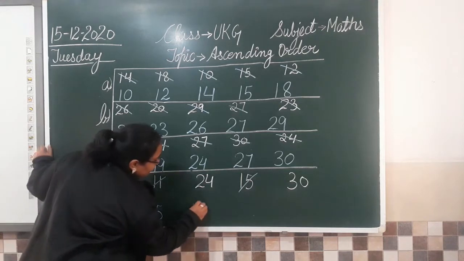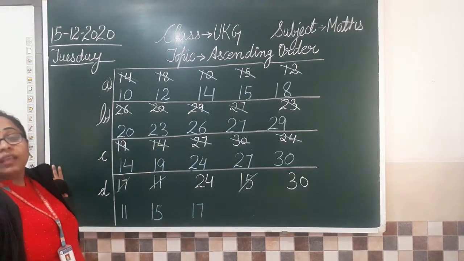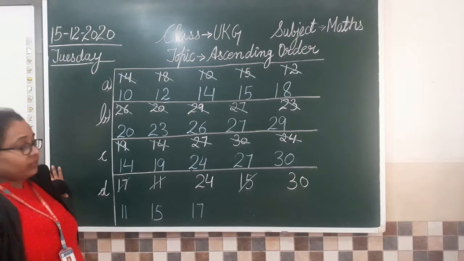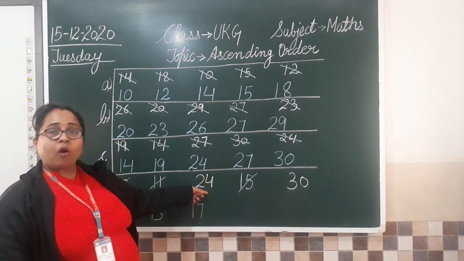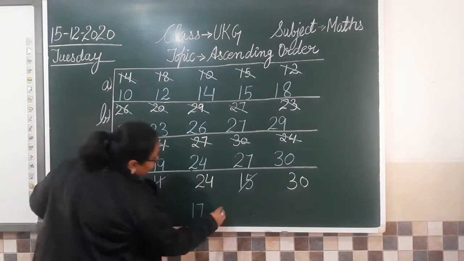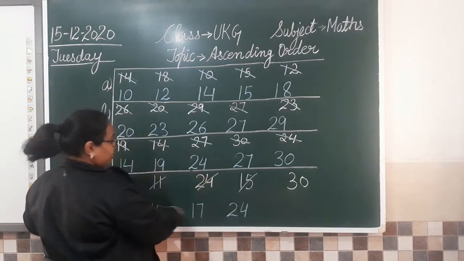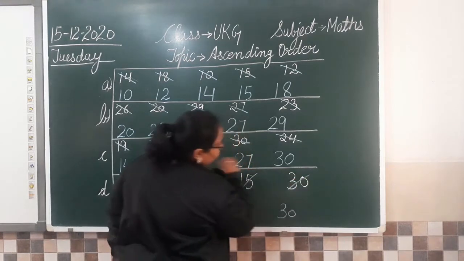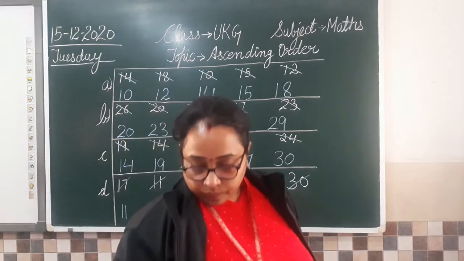Yes, so we'll copy 17, 18, 19, 20, 21, 22, 23, 24. So next is 24 and last we have is 30. Is that clear to all of you?